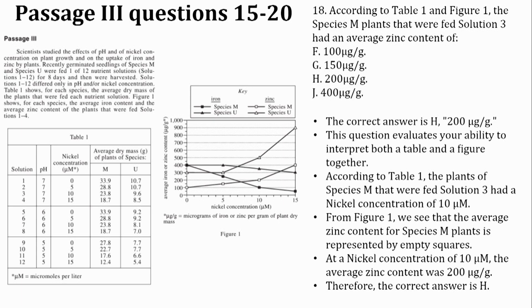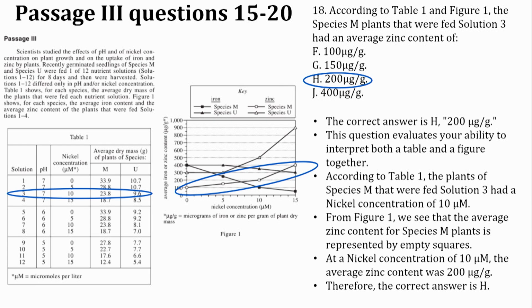According to Table 1, the plants of species M that were fed Solution 3 had a nickel concentration of 10 micromoles per liter. From Figure 1, we see that the average zinc content of species M plants is represented by empty squares. Okay? At a nickel concentration of 10 micromoles per liter, the average zinc content was 200 micrograms per gram. Therefore, the correct answer is H.